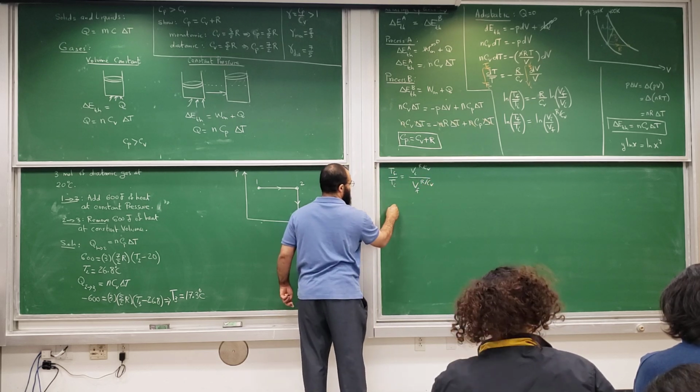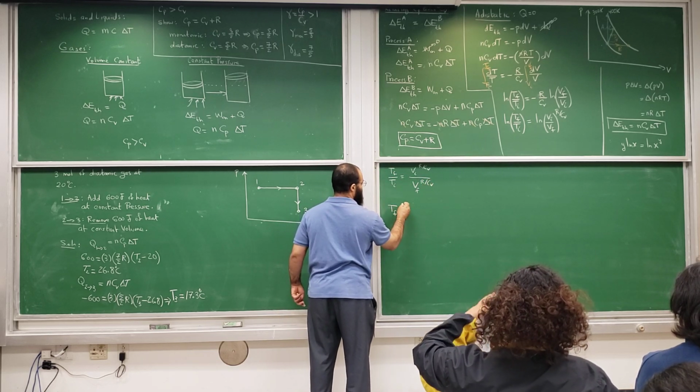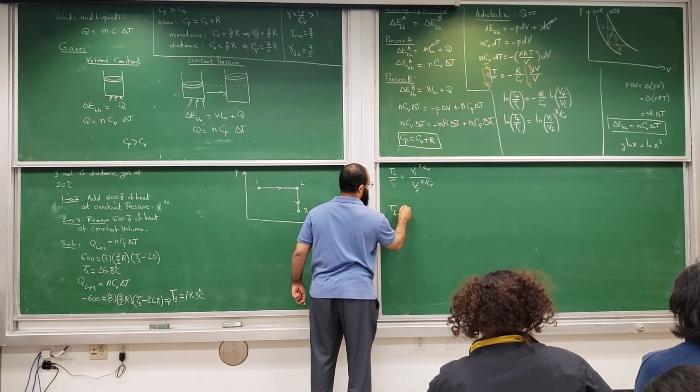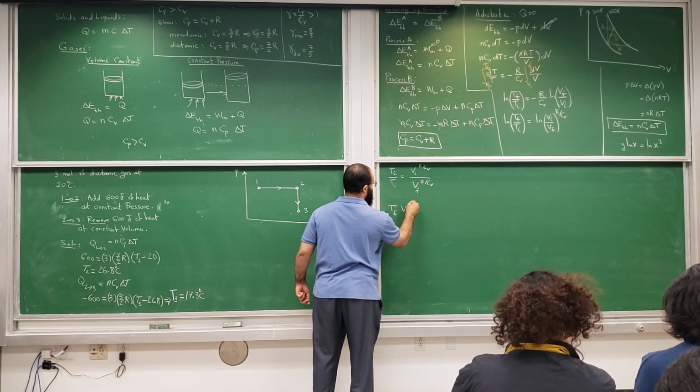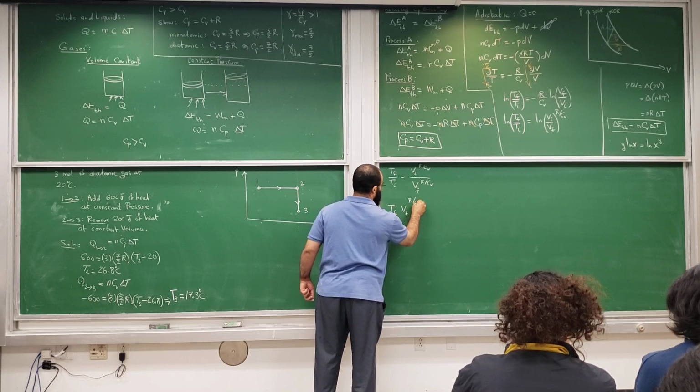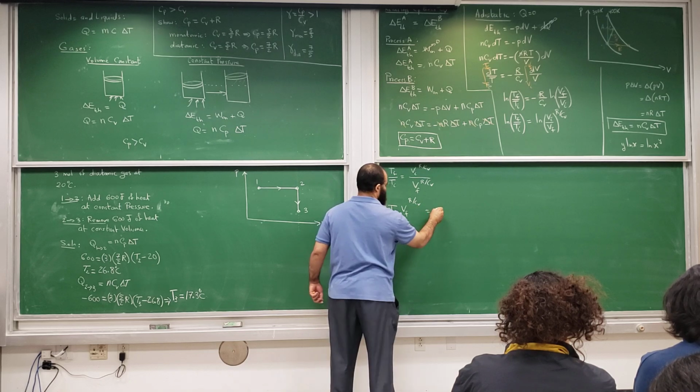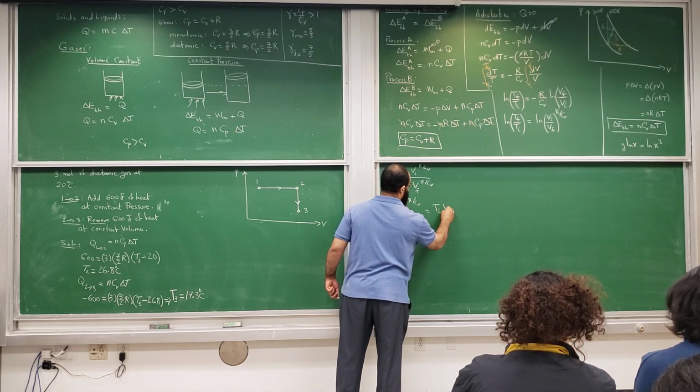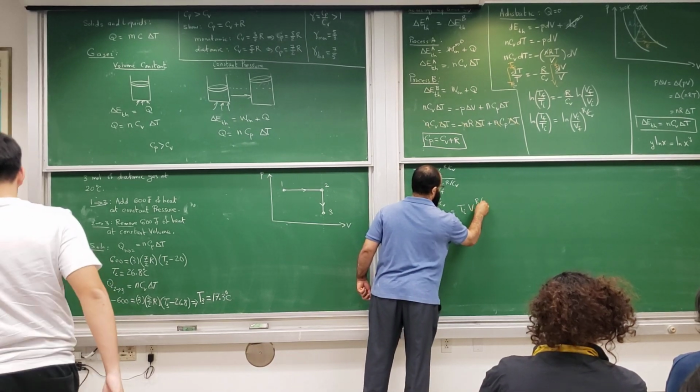And cross multiply and you get T final V final to the power R over Cv equals T initial V initial to the power R over Cv.